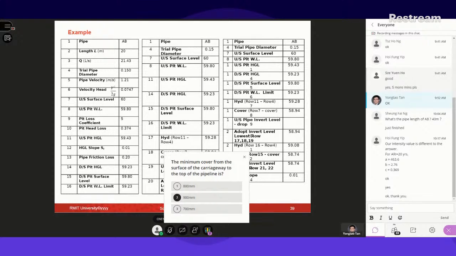Now you can complete the questions, and we have a break of 10 minutes. I will leave the poll here so you can complete the poll questions and also have a break.